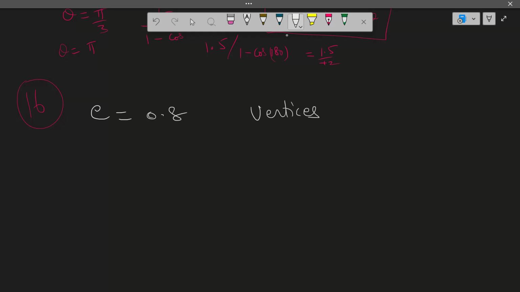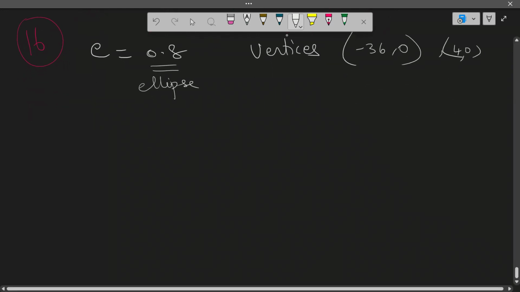I totally forgot about these formulas. Vertices are at negative 36 comma 0, and the other vertex is 4 comma 0. So that means look at the value of e, 0.8, which makes it an ellipse. So we know we are dealing with the ellipse here.